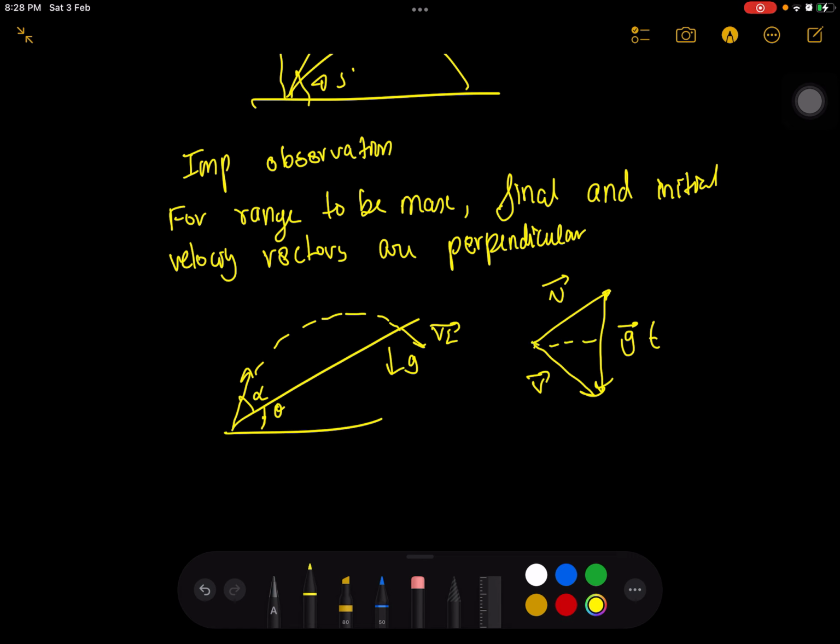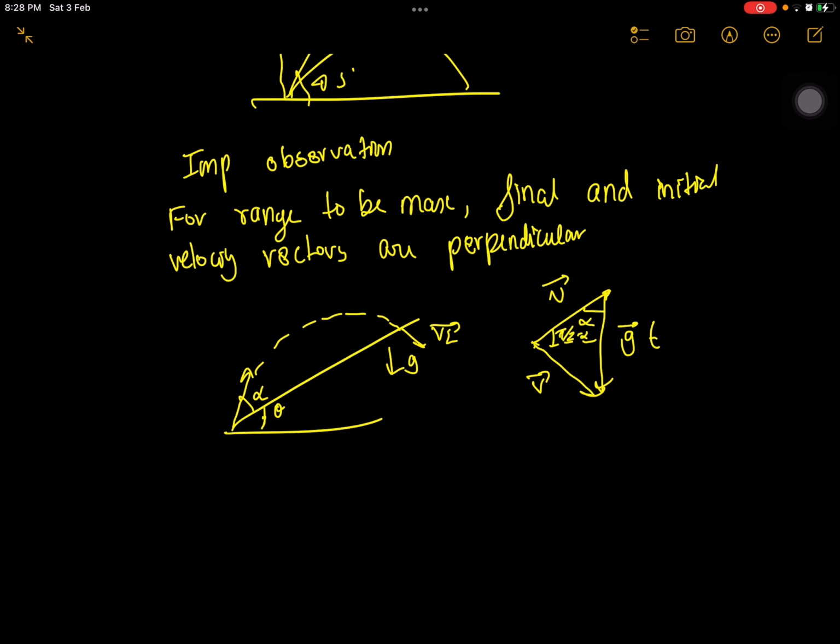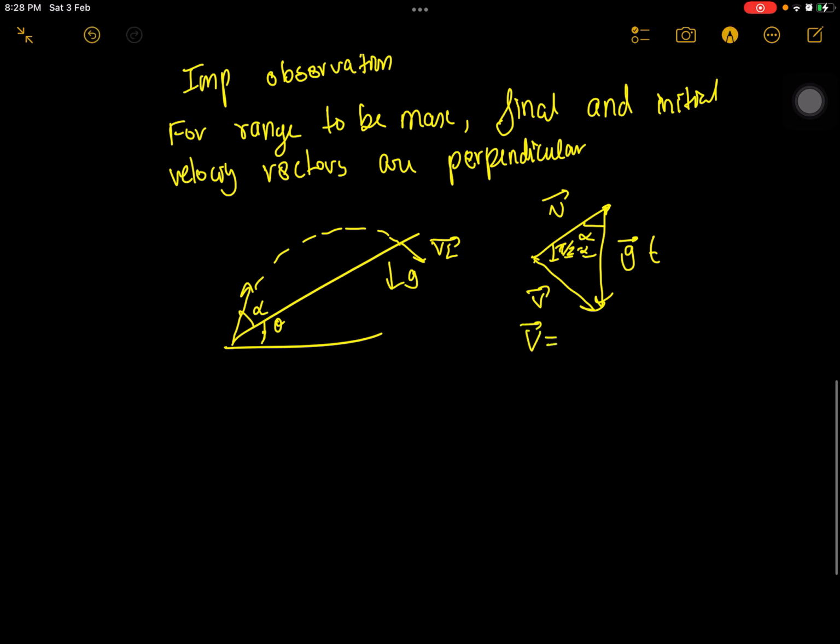So if we write all the angles, this is alpha, this is pi by 2 minus alpha. So v is equal to u plus tg.